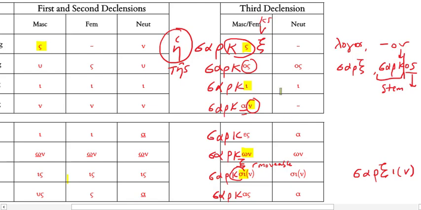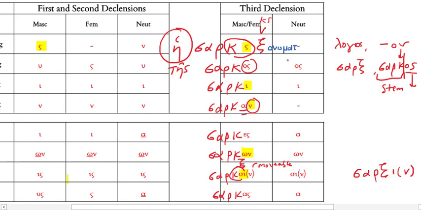Okay? Now, let's just talk about neuter forms real quickly for a moment. Probably ought to use a different color ink, so let me do this. Let's see, what's one of the neuter forms he teaches us? Let's use onoma. The stem of the word for name is omicron, nu, omicron, mu, alpha, tau.